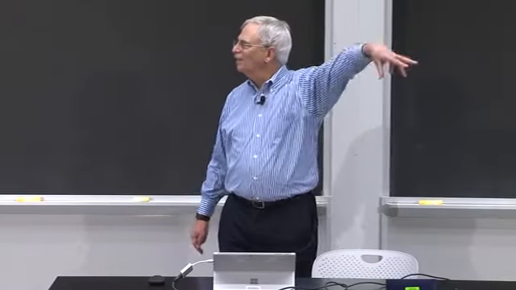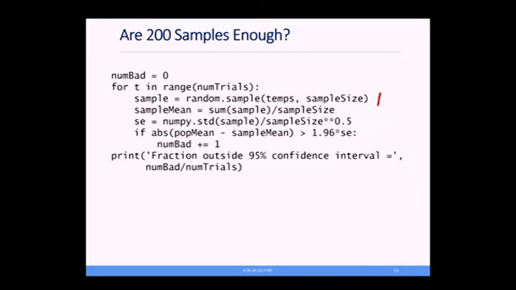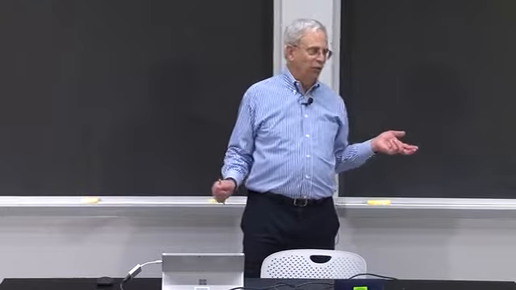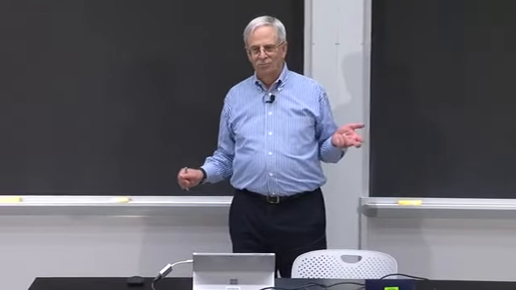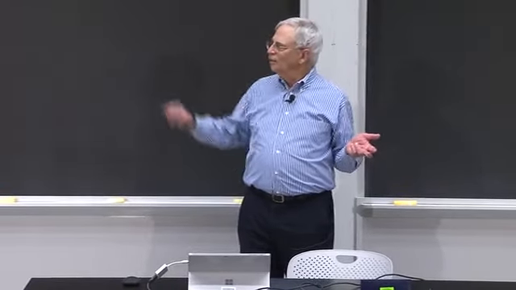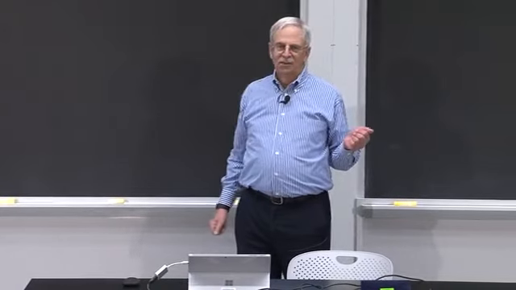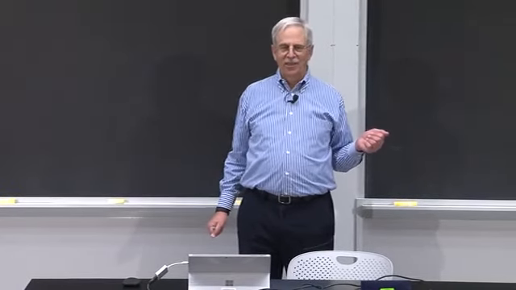It's outside. And then at the end, I'm going to look at the fraction outside the 95% confidence intervals, and what do I hope it should print? What would be the perfect answer when I run this? What fraction should lie outside that?